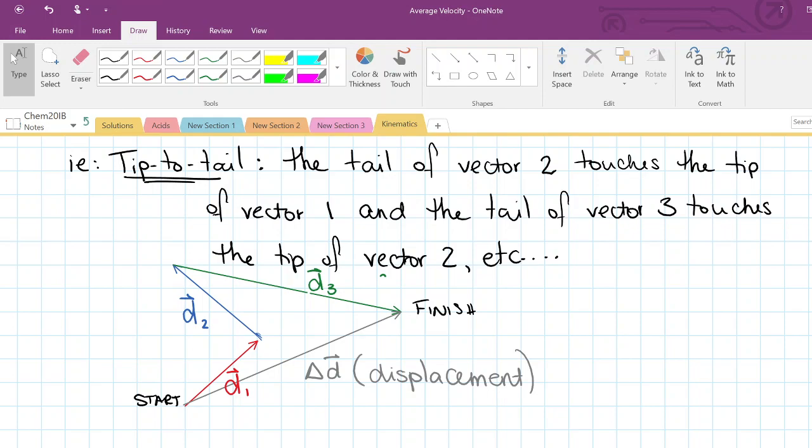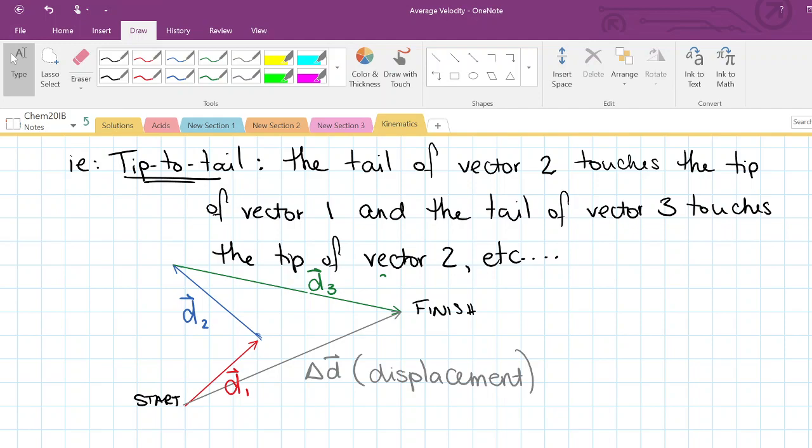So from this stopping point, they turn themselves in kind of this northwesterly direction, and they hike for a longer distance, longer displacement. Then they stop, they take a picture, maybe they have a snack, and then they turn around and they travel in the southeasterly direction for a fair amount of time, for quite a displacement here. And this is where they finish their hike.